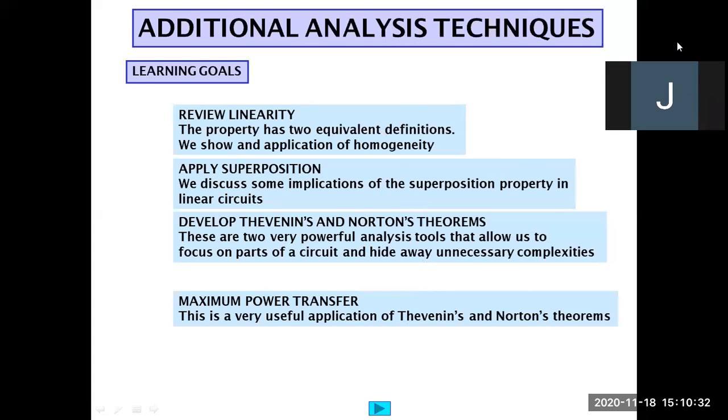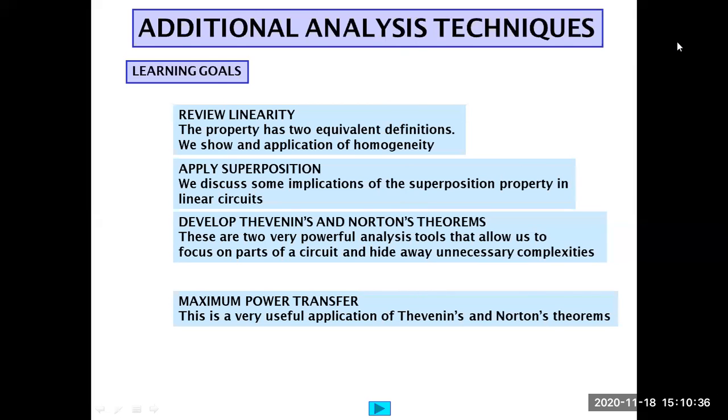So then today we are going to learn further on some additional analysis techniques that might be beneficial to analyze circuits more simply.